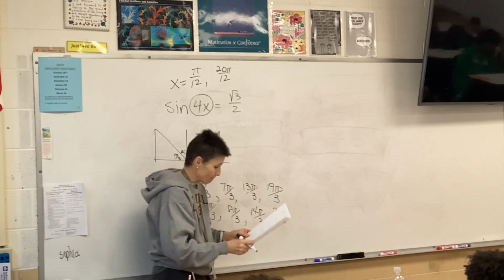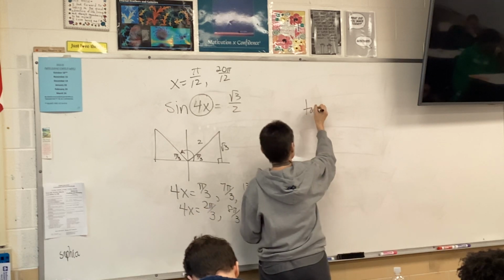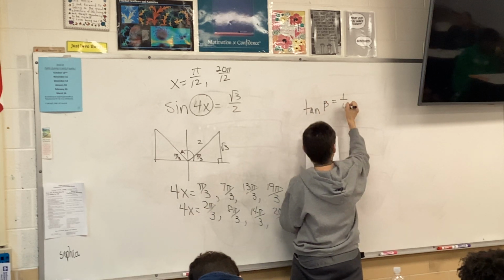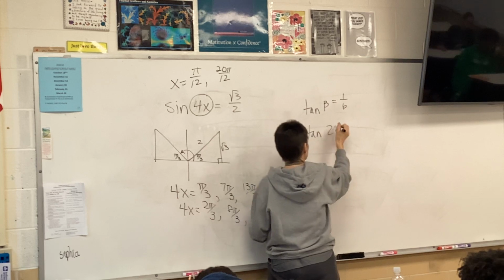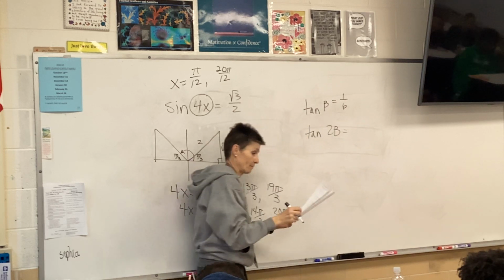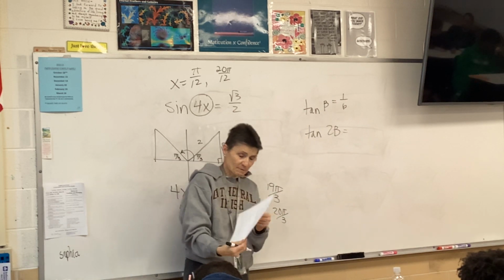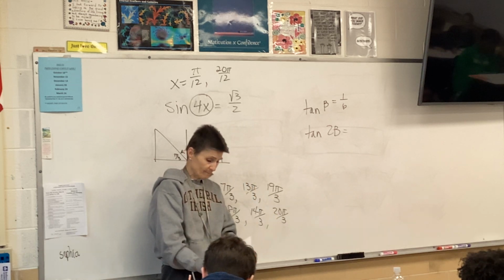All right, last one. If tangent B is 1/6, find tangent 2B. Well, that seems pretty easy after what we just did.